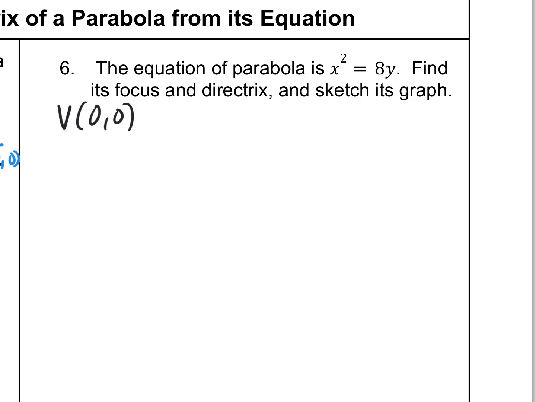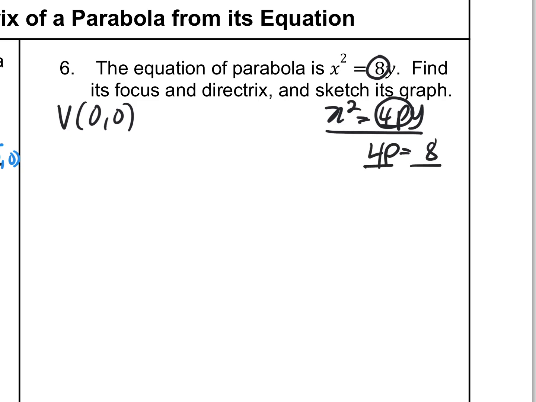Here, this is in the form of x squared is equal to 4py. Now, this 8 is equivalent to that 4p, so let's equate that one. 4p is equal to 8, therefore, finding p is going to be 8 divided by 4, which gives you 2. So the value of our p is 2.